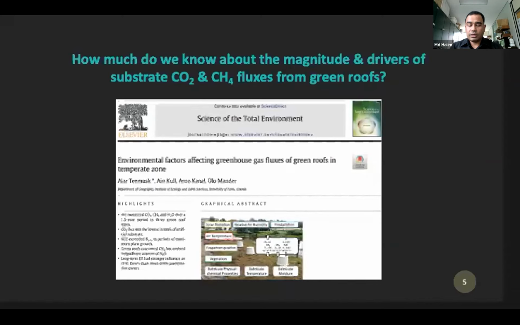And there is only one study that we are aware of, the Tim-Suk et al. 2019 study published in the Science of the Total Environment journal. They quantified greenhouse gas fluxes using a closed static chamber method for 3 representative green roofs. They found higher ecosystem respiration in a deeper sod roof system than in a shallower or non-substrate one, and they also observed net methane uptake in all systems.